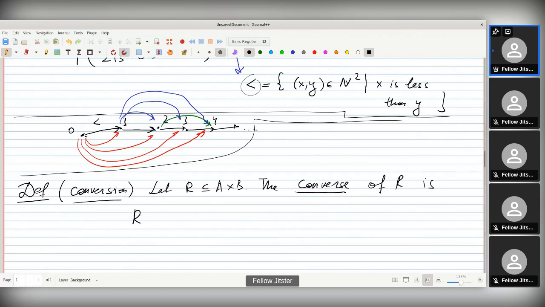The converse of R is denoted the following way: R to the power minus 1. The converse of R is the set of all such pairs yx, where y comes from the range of R and x comes from the domain of R, where look, x, y belongs to R.